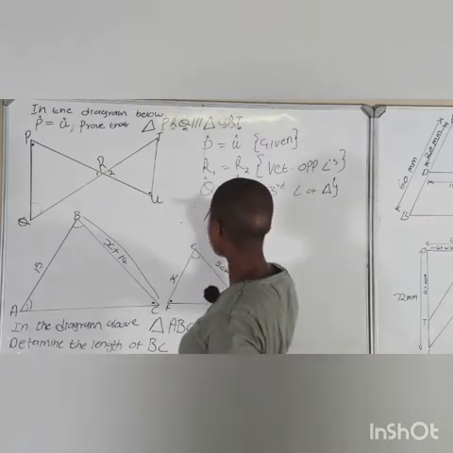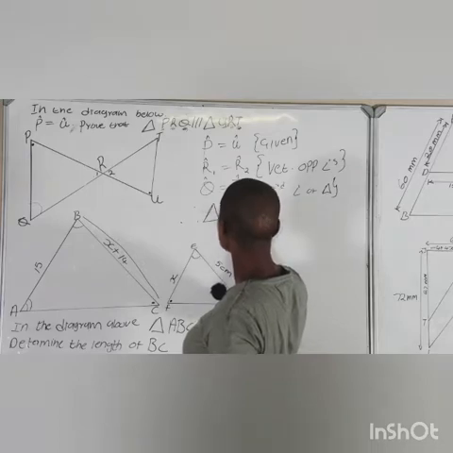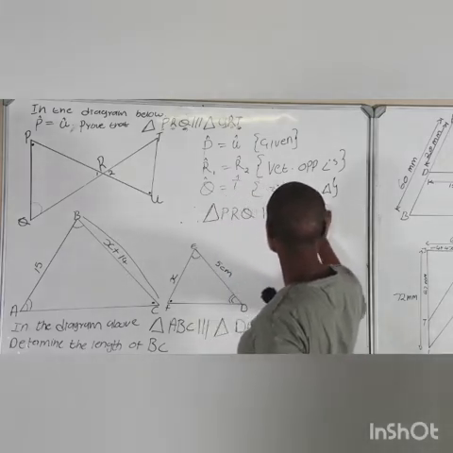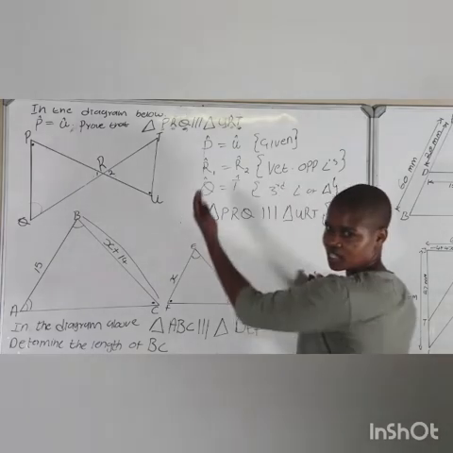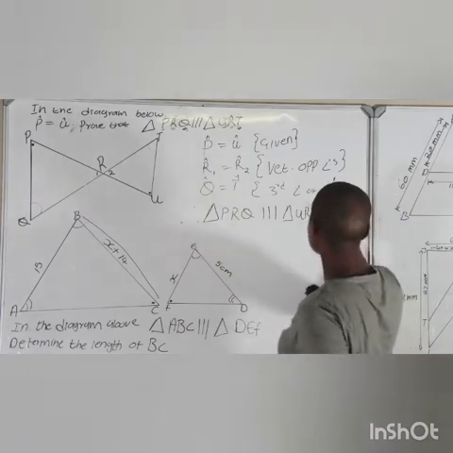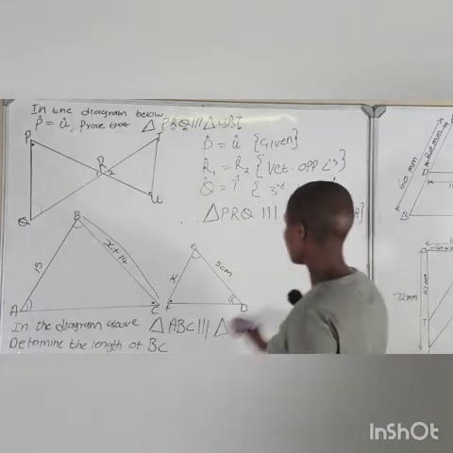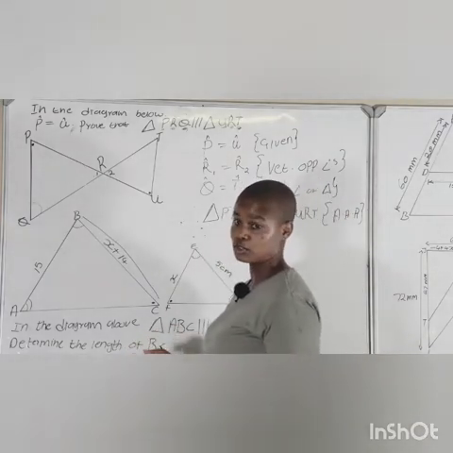So we are then concluding. Therefore, triangle PRQ is similar to triangle URT. Why? We've got three angles that are equal. You say angle, angle, angle. And therefore, we're talking about the proportionality of the corresponding sides.